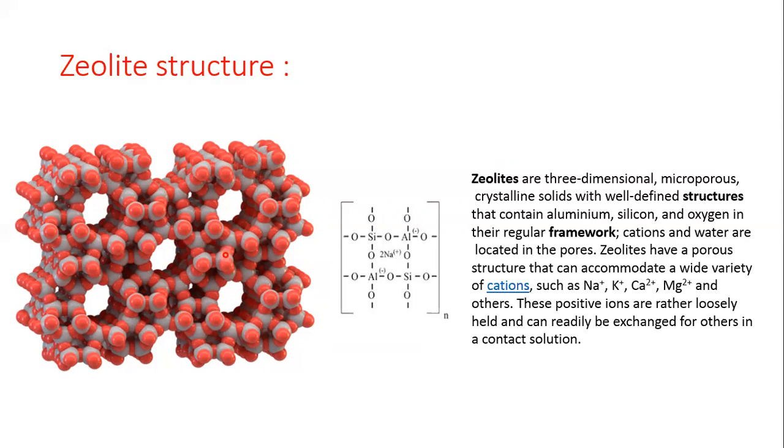Basically, zeolite is a porous structure and various cations like sodium plus, potassium plus, calcium plus 2, magnesium plus 2 can be trapped in these pores in the loose form. So these positive ions are loosely held and are responsible for exchanging other cations which are present in the water sample. So this is the structure of the sodium zeolite bed.